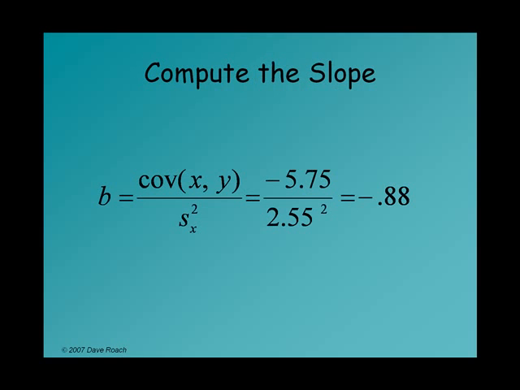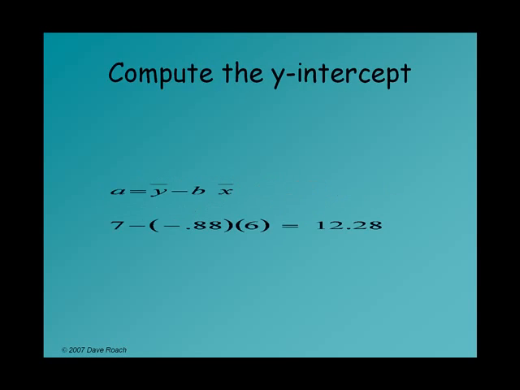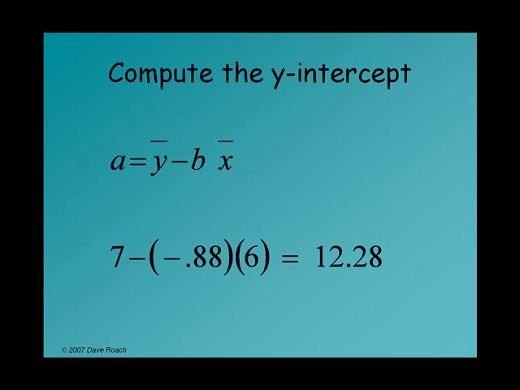So the slope, again the covariance divided by the variance, minus 5.75 divided by 2.55 squared, is minus 0.88. So for every unit x goes up, y will decrease by about 0.88. And then we'll cross the y-intercept at about 12.28.